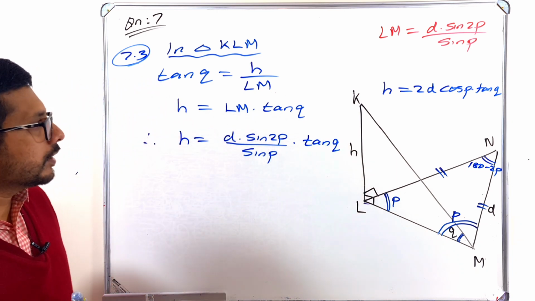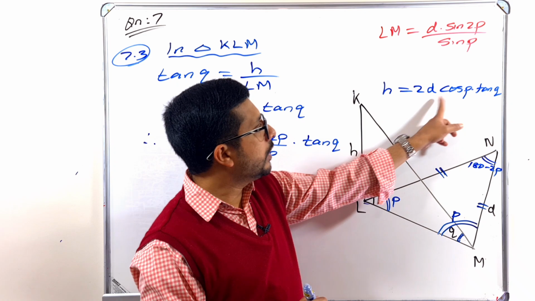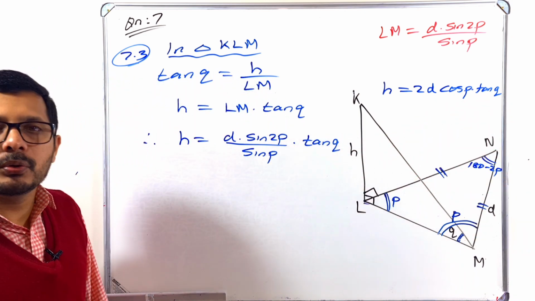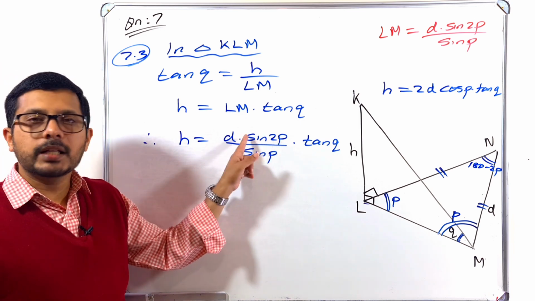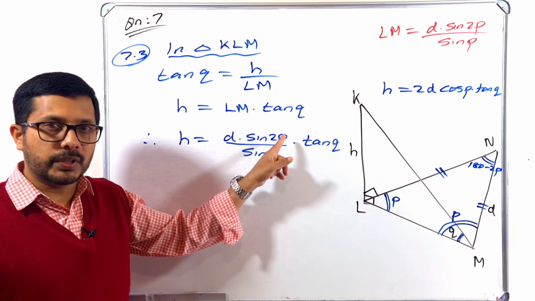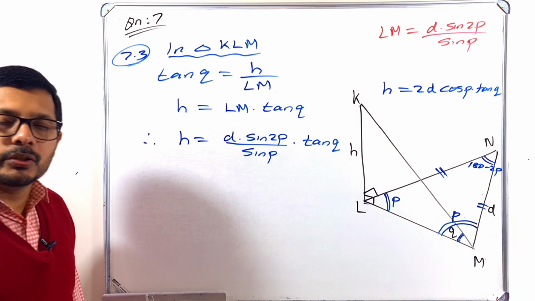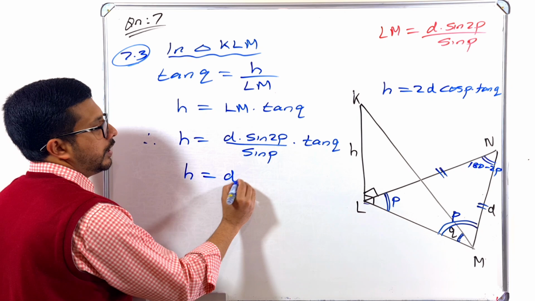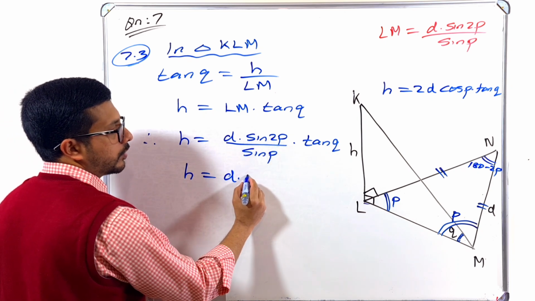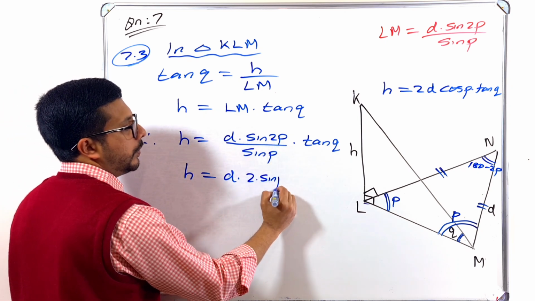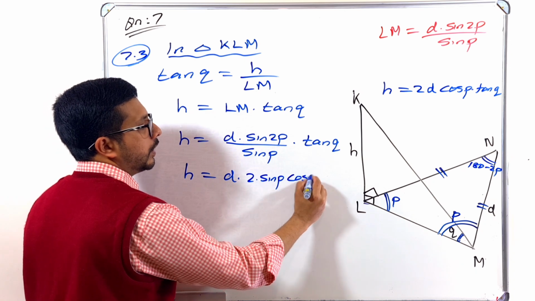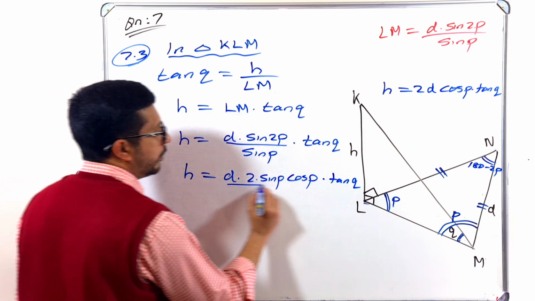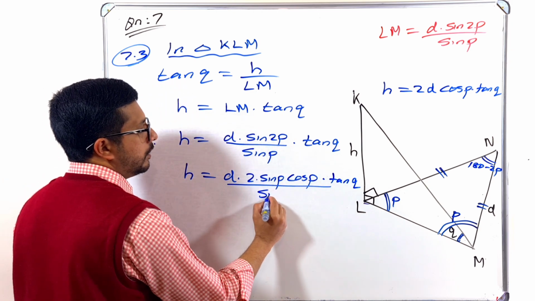But we want to prove 2d cos p tan q, and here there is no cos. So what can we do? This is a double angle, and we know the expansion: 2 sine p cos p. So H is equal to d into 2 sine p cos p into tan q, the whole divided by sine p.